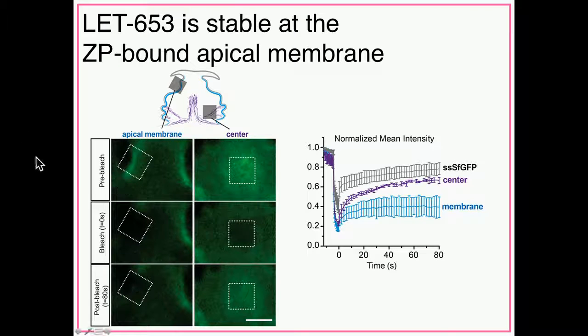We photobleached LET653 both along the apical membrane and in the center that's bound by the pan domain. We found that LET653 recovered very quickly in the center. You can see it here, and here it is quantified, while LET653 that was bound to the membrane recovered very poorly, indicating that LET653 is likely stably bound and incorporated into a matrix at this membrane.